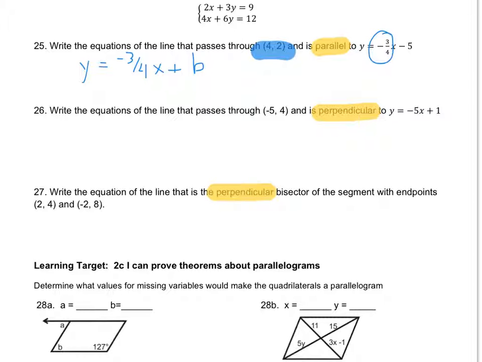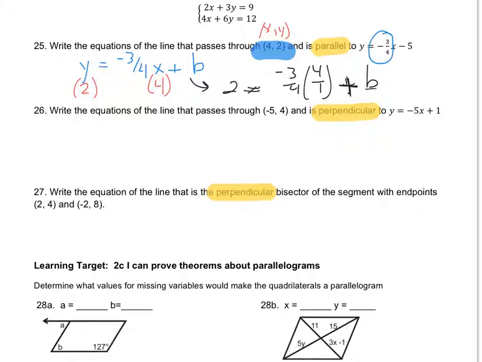Part of solving this now and figuring out what the b number is, is taking the x and y values they gave you, and again those are in alphabetical order, the x's first, and plugging them in for the given x and y letters. So when I carry this out, I'm going to have 2 equals -3/4 times, let me write this x now as 4/1, plus b.